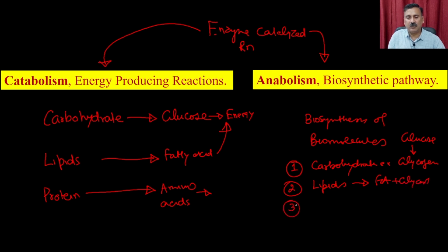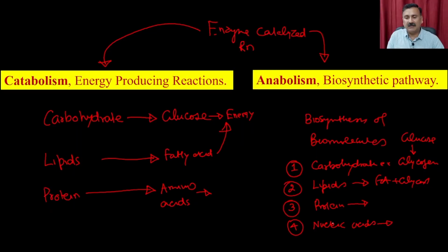Third, you can have proteins, so protein synthesis is also a biosynthetic pathway. And number four, you can use many constituents to produce nucleic acids such as DNA and RNA. So you can imagine that when you are doing biosynthesis, you are joining bonds.